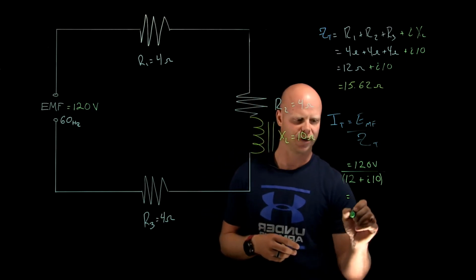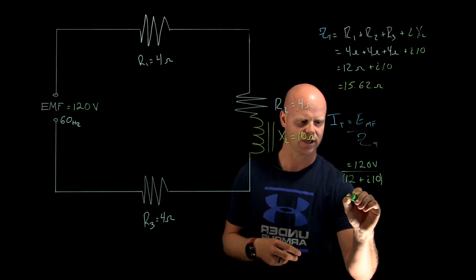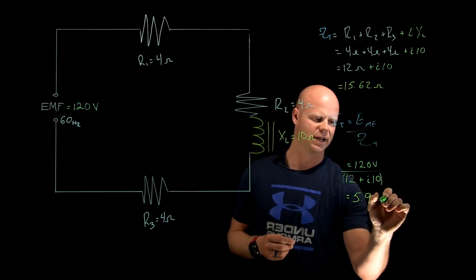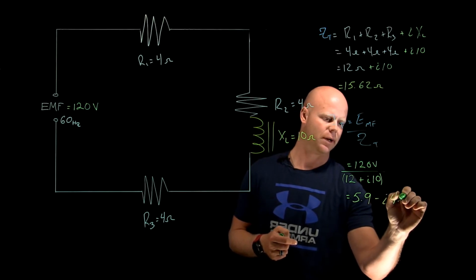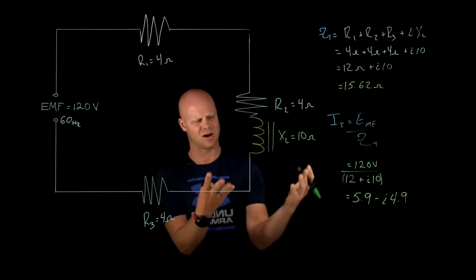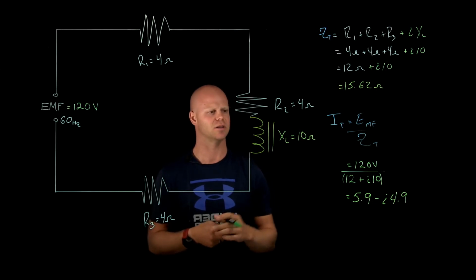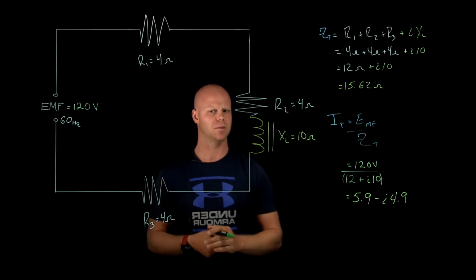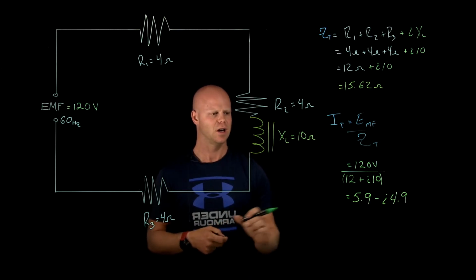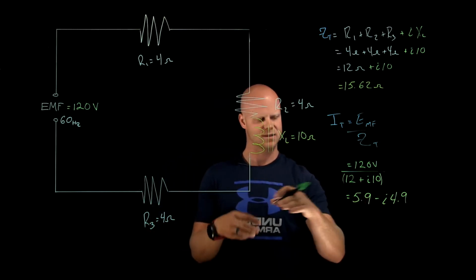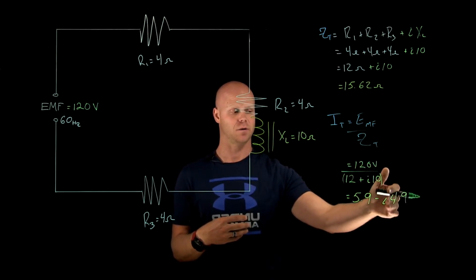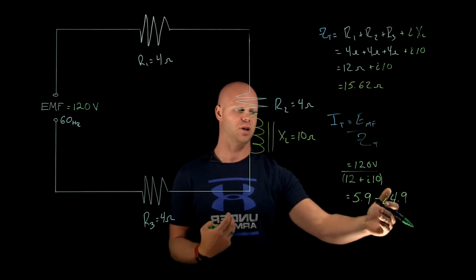But what I end up with, and I'm going to round pretty heavily, is 5.9 minus j4.9. And you might look at that and say, how on earth is that a current, Jason? So this is my rectangular form of current. I have 5.9 as my in-phase value, and I have an imaginary value of 4.9, or an out-of-phase component of 4.9.